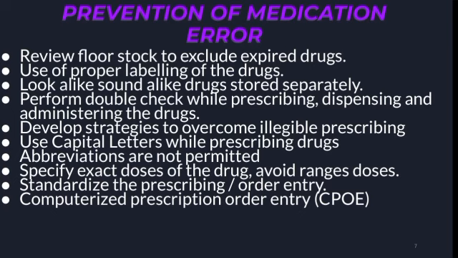In a pharmacy, errors mostly happen in dispensing expired drugs, wrong dose, wrong drugs, like that. To avoid these kinds of errors, the pharmacist should always check the expiration date of the drug.